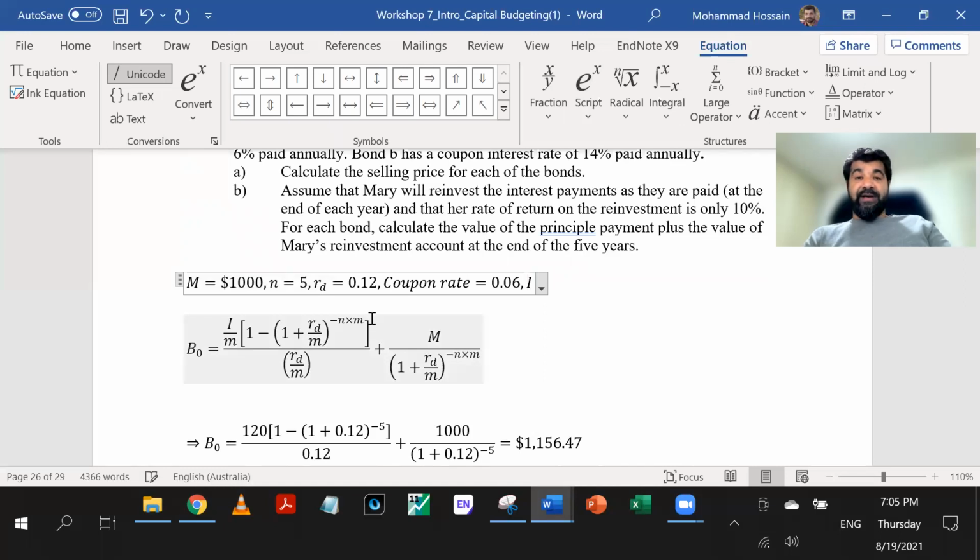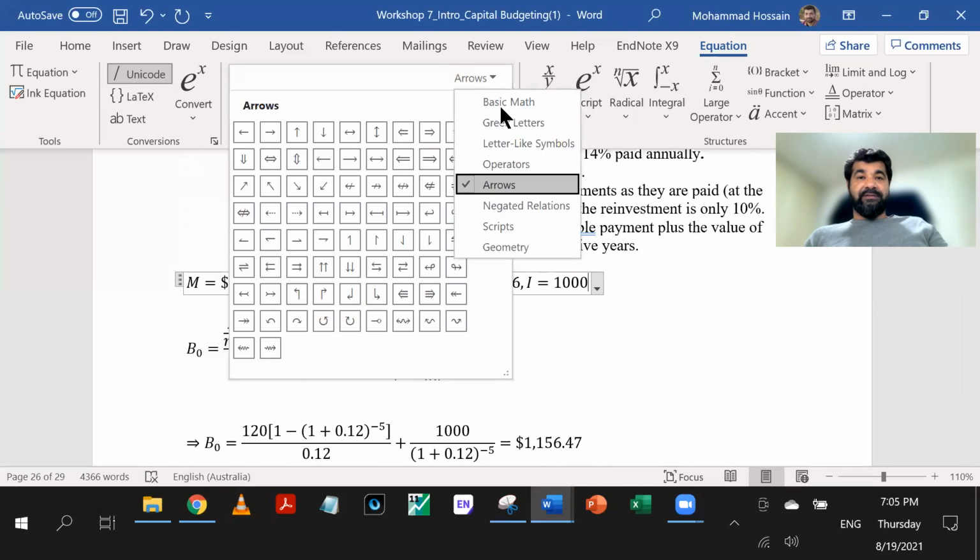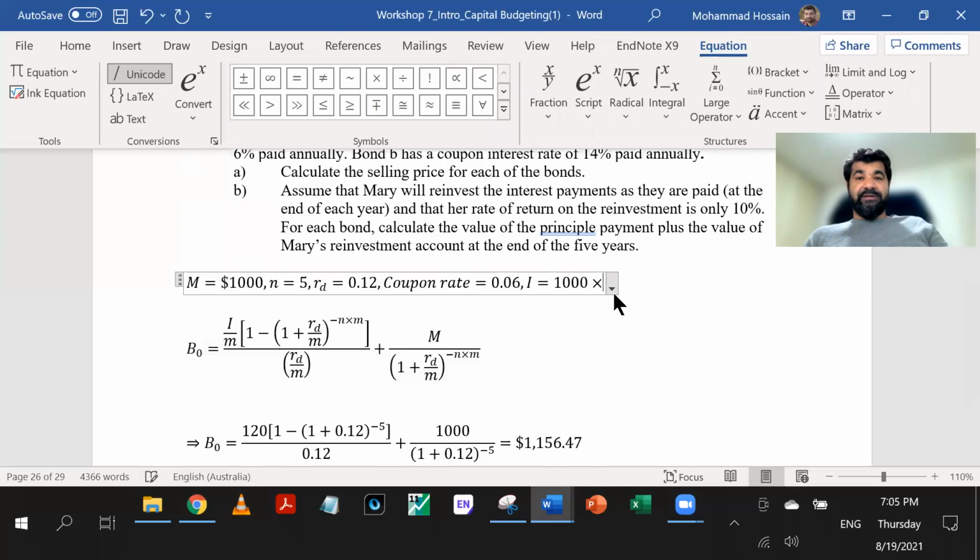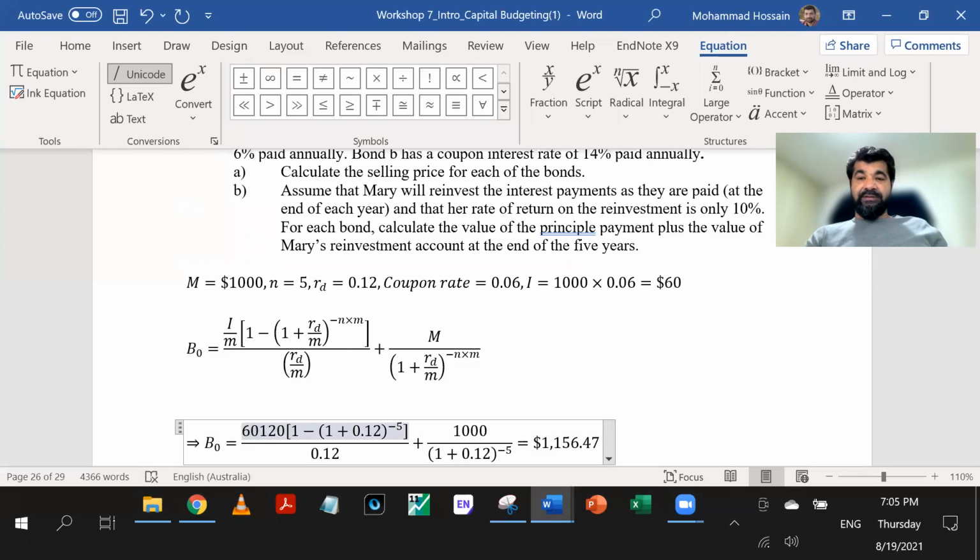I is equal to 1,000 multiplied by 6%, multiplied by 0.06. So you know that this is 60.